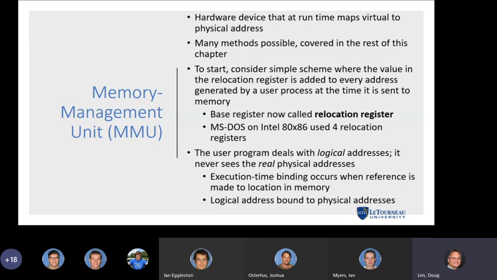The user program deals with the logical addresses and never sees the real physical addresses, and execution time binding maps it to the physical addresses via the MMU. Please remember that the hardware that does the mapping is called the memory management unit, or the MMU.